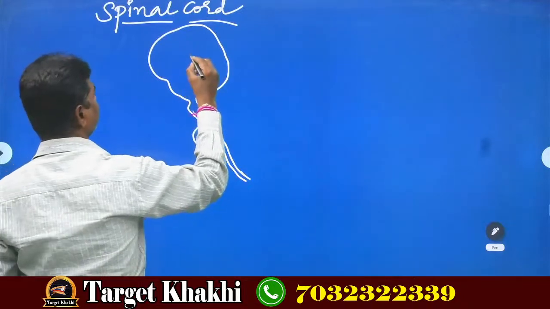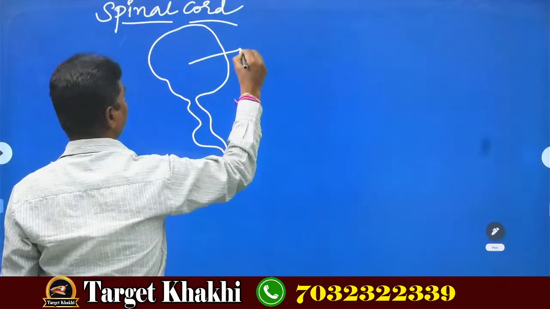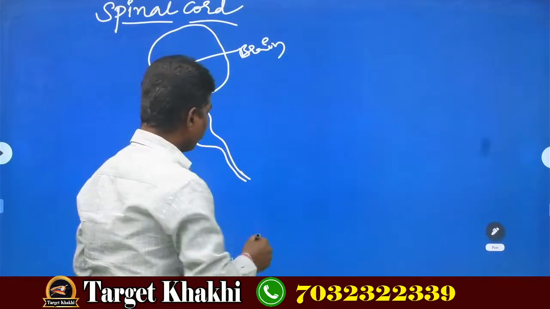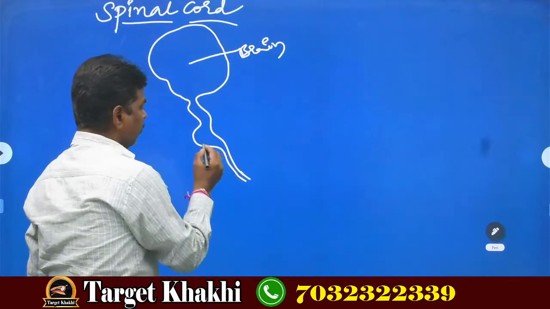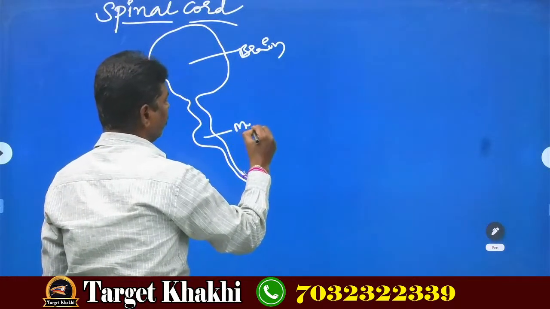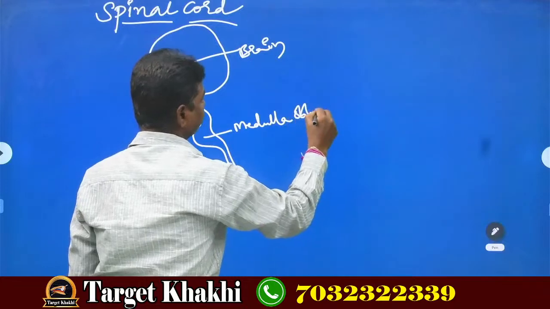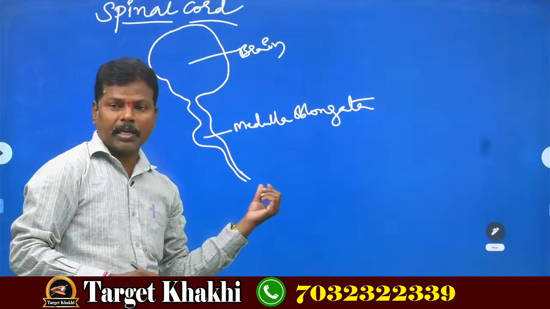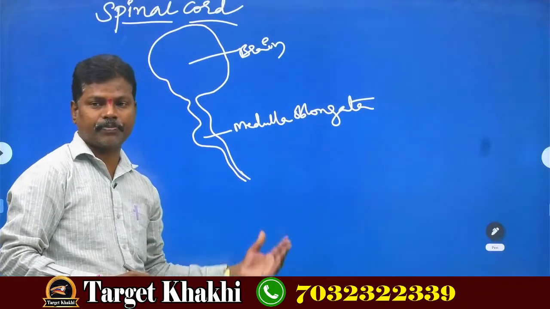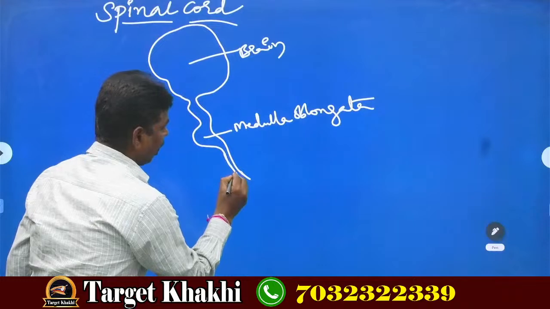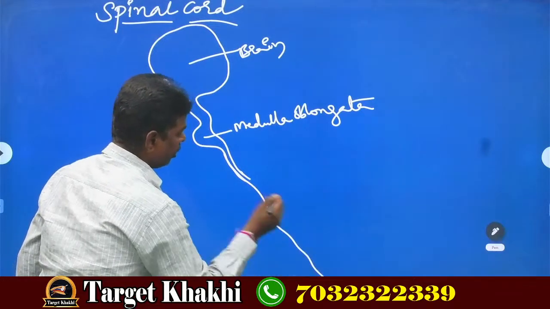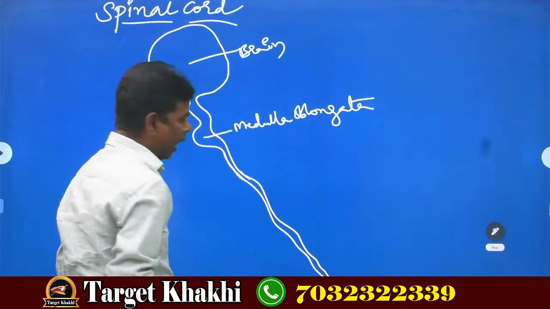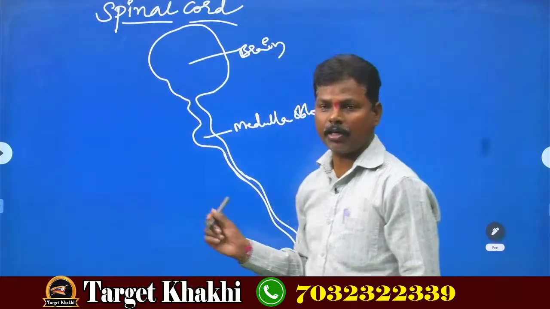Okay, this is the brain. From the brain, if we see, from the medulla oblongata, a long thread-like structure which extends from the medulla oblongata through the backbone is called the spinal cord.